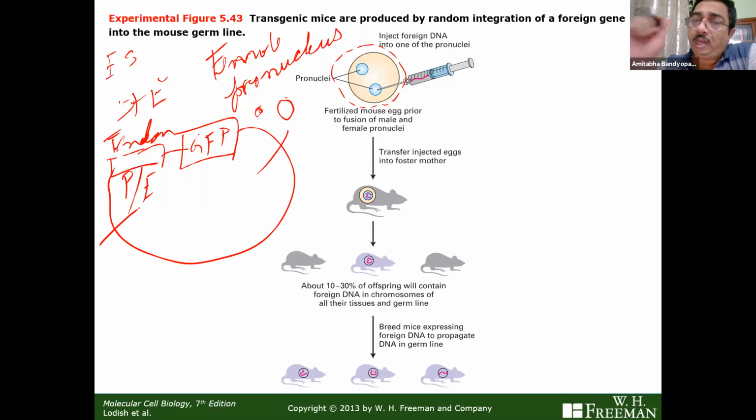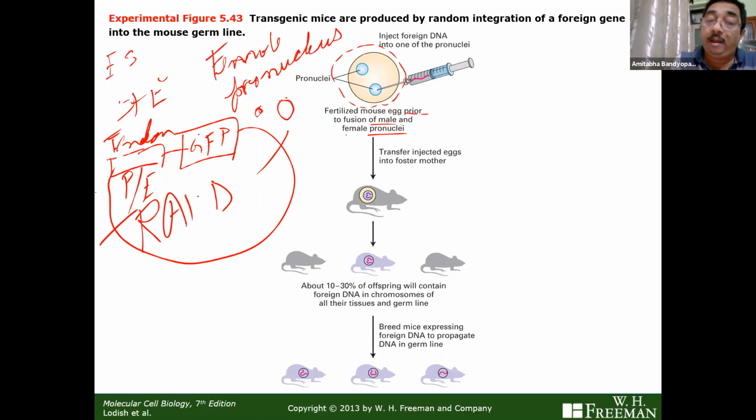You inject it in the pronucleus prior to fusion of the male and female pronuclei. It will undergo random integration in the genome.